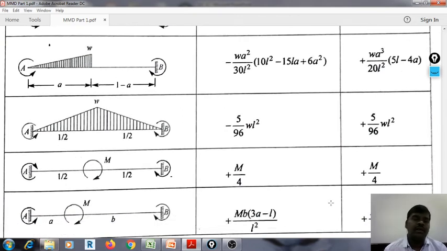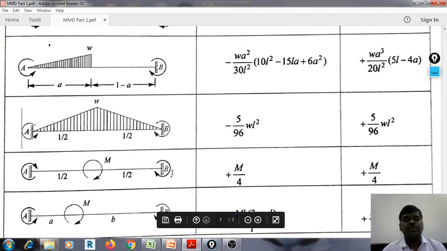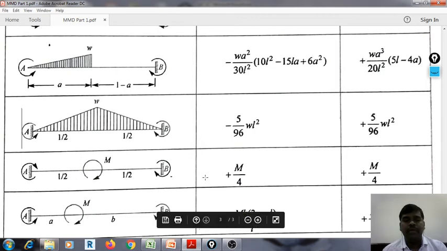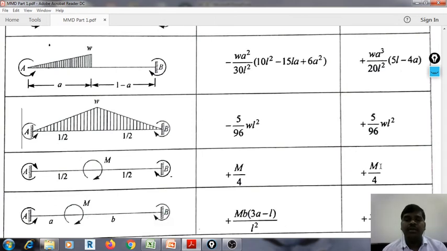And the last one, what is M here? That is a moment, or say a couple, but generally we can say a moment. When a moment is applied centrally, that is at L by 2 and L by 2, plus M by 4 will be M bar AB and plus M by 4 will be M bar BA. What is the purpose of plus here for both?